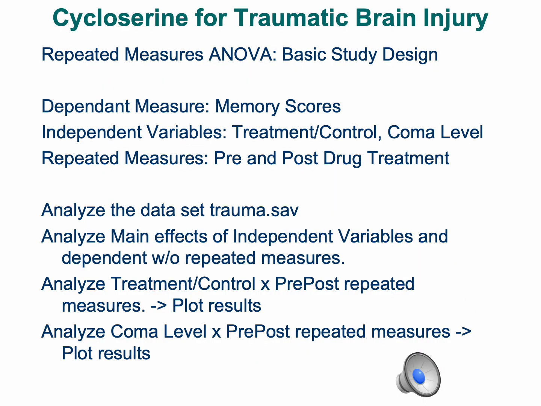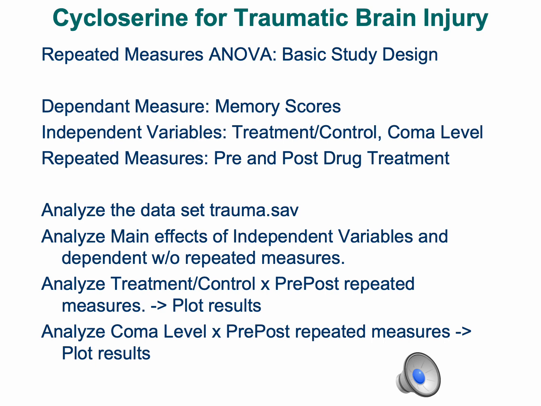Okay, here's our research design. We have a repeated measures factorial ANOVA. Our dependent measure is going to be memory scores. So we're going to find out our measure of recovery from traumatic brain injury. We're going to measure using a memory test. And the dependent measure is our scores on that test.